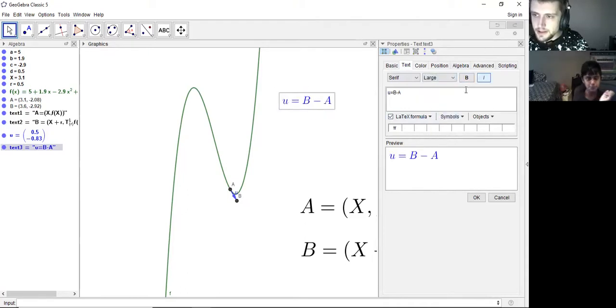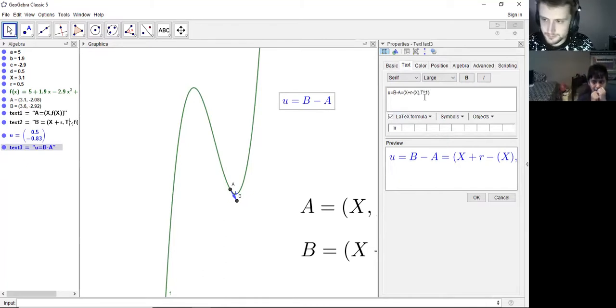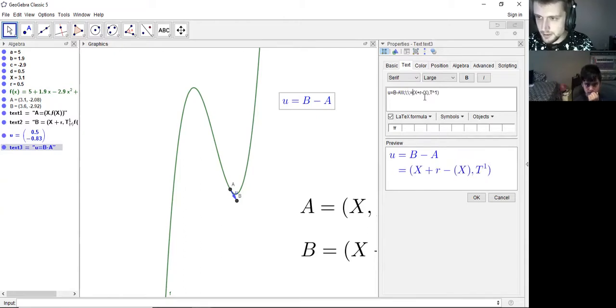So we have this vector. If we look at the components, it's x plus r minus x, comma. Wait a minute, that's just r. It's just r. I want you to hold on to that thought real quick. Let me make it look good.